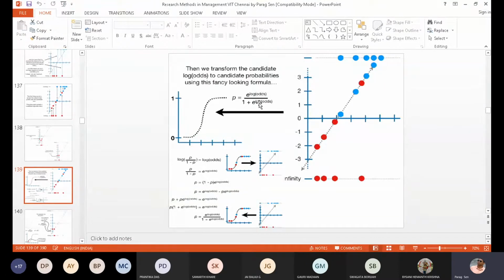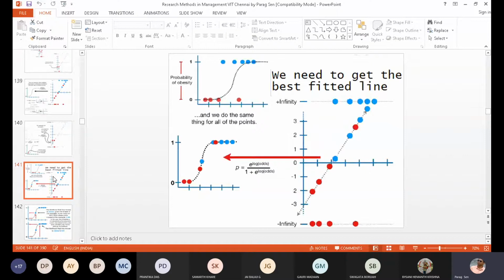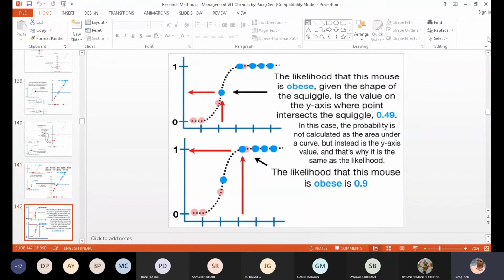Okay. So if we do this and do a little bit of calculation, then we can calculate. I'm showing you some slides, showing that we can calculate the likelihood of that particular mouse.